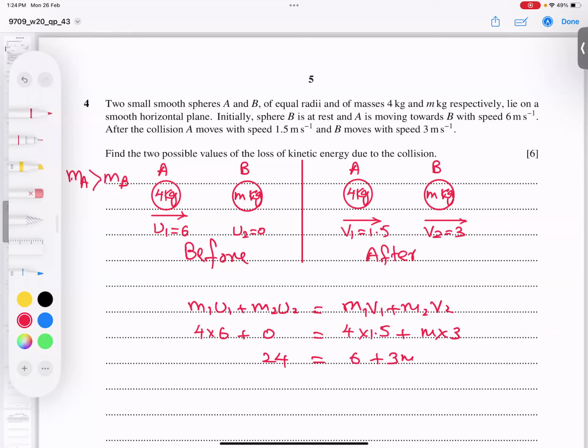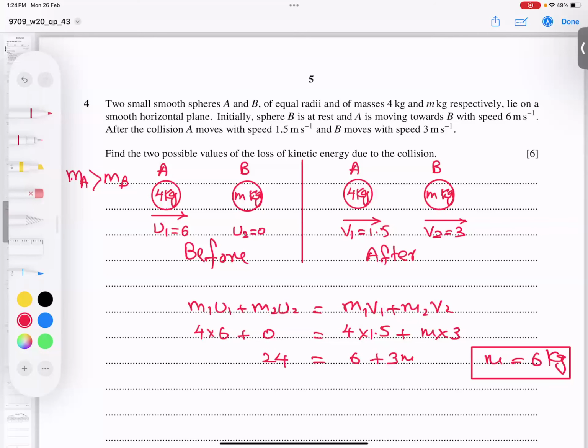So I need to find what? 24 minus 6, divided by 3. So the mass becomes 6. The mass finally is 6 kilograms. Okay, so the mass is clear.